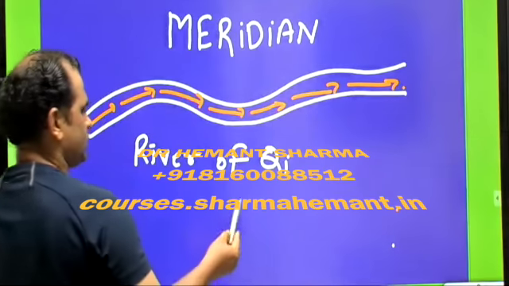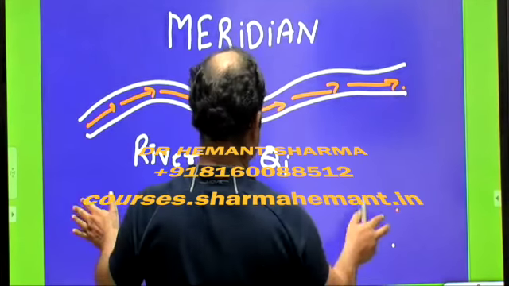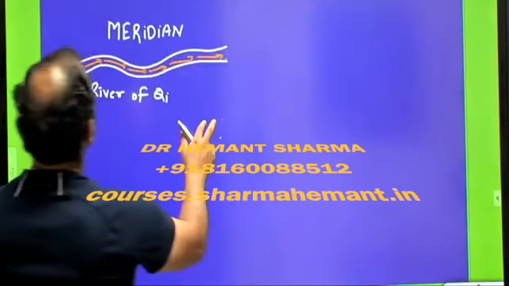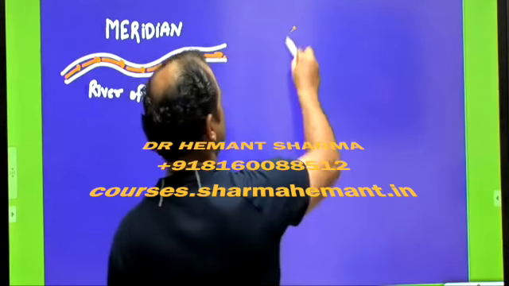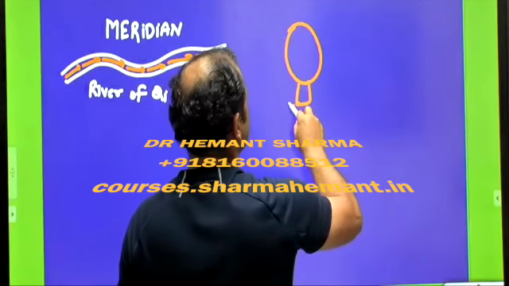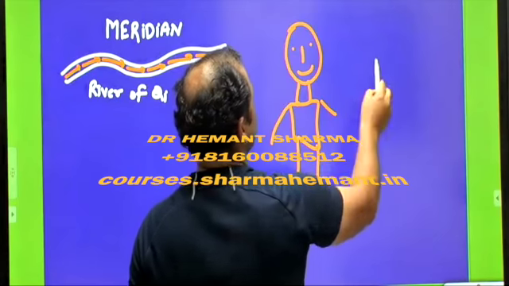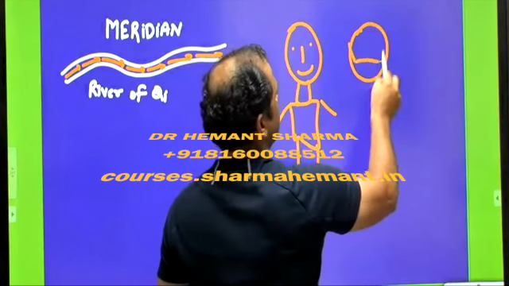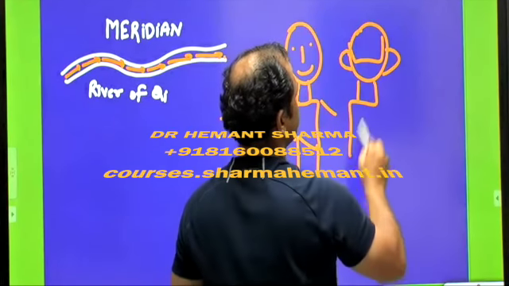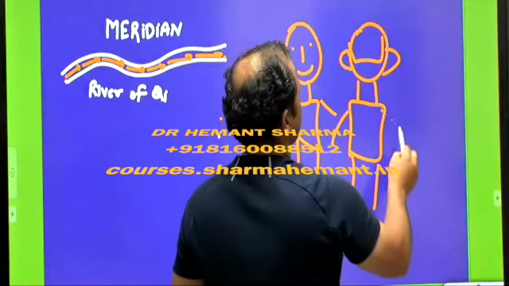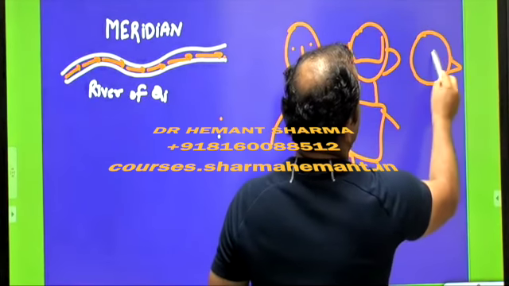So, in the human body, we have multiple meridians, from top to bottom, either the front side of the body, the back side of the body, or the lateral side of the body.